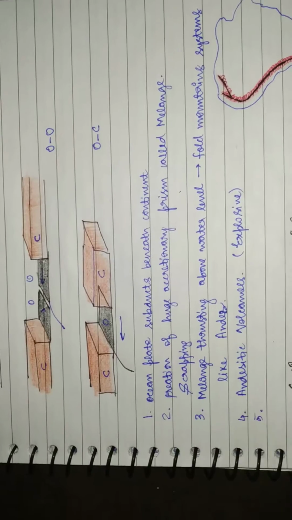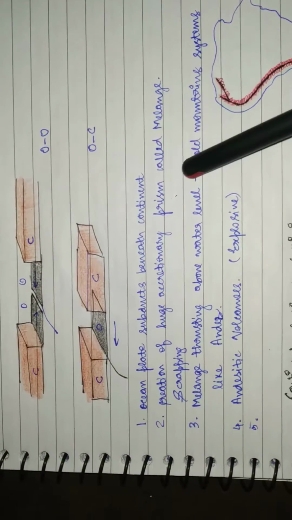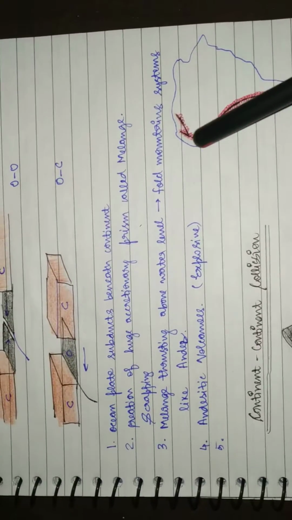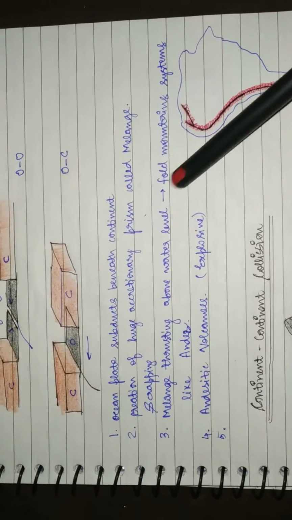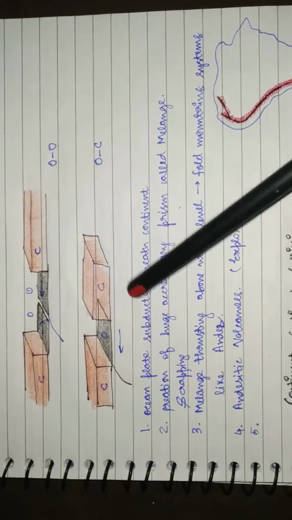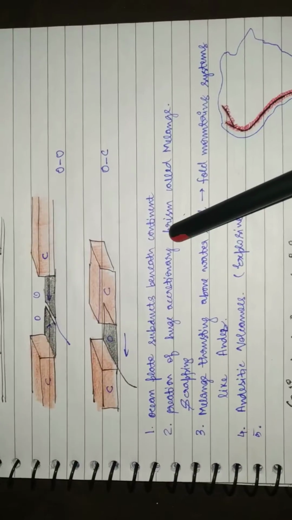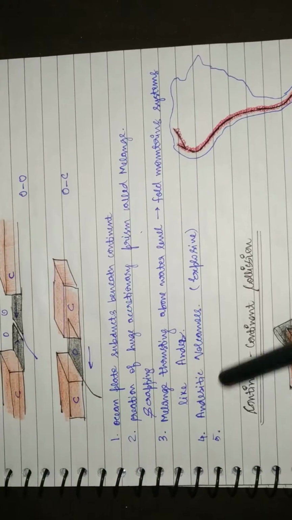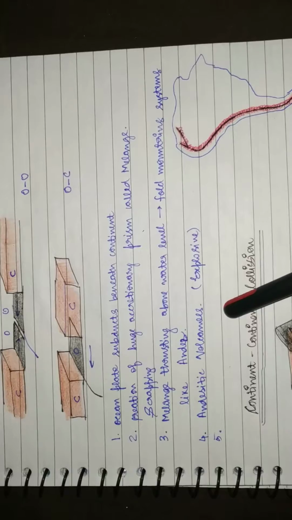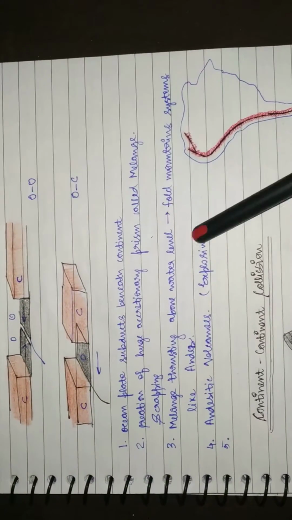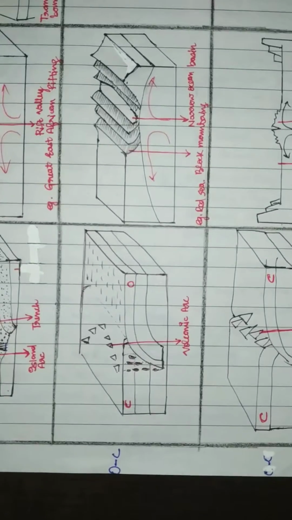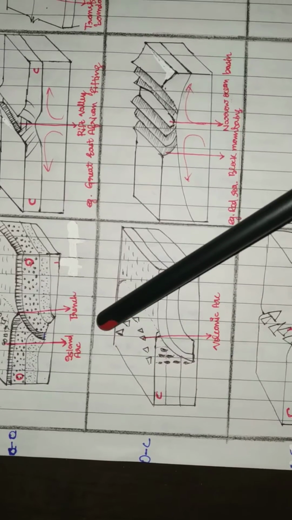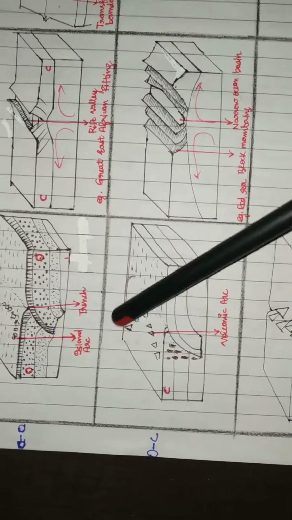Again, creation of a huge accretionary prism called melange because of scraping. One example is that these scraped mountains, the scraping is higher as compared to that of ocean collision. So much so that fold mountains like the Andes form, and andesitic volcanoes are also associated with it, because of the reason I have just told. So when this subducts inside, the volcanoes are formed in an arc, hence it is named a volcanic arc.